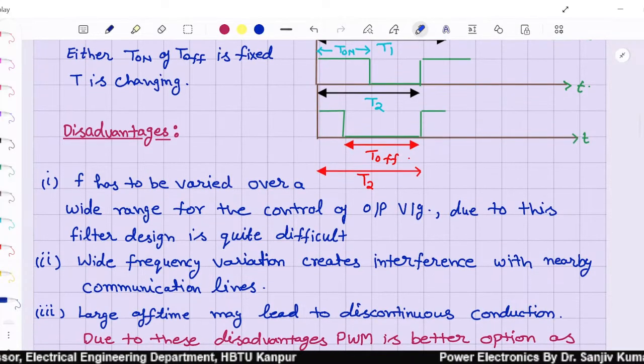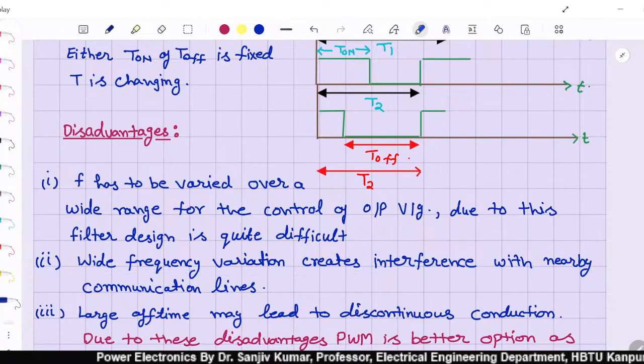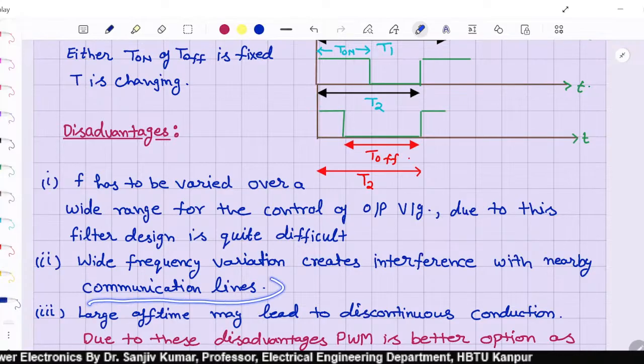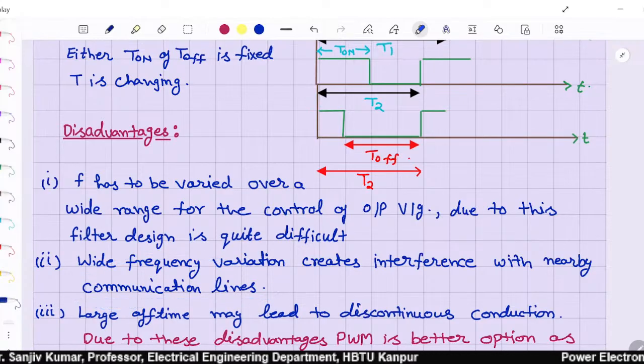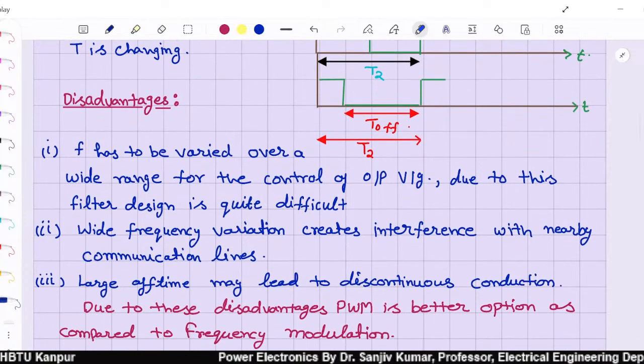Not only this, the frequency range is so wide that it will also create interference in the nearby communication line. That is also an undesirable feature.